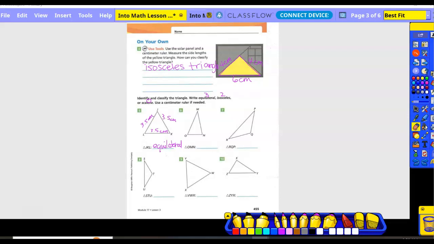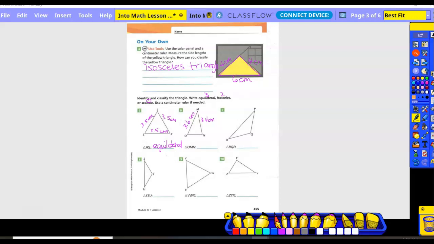So this side is 3.6 centimeters, and this side is 3.4 centimeters. Now, are those super close? Yes. But does that 2 millimeter difference make a difference? Yes, it does.